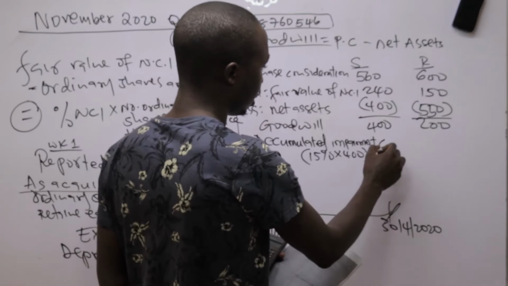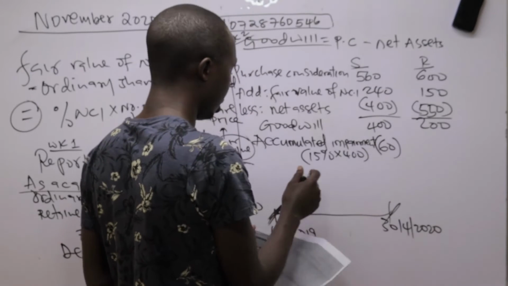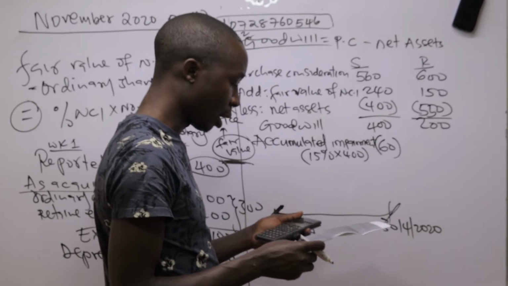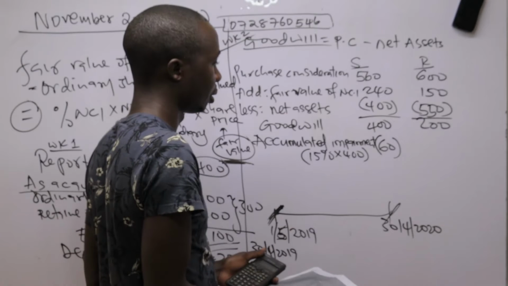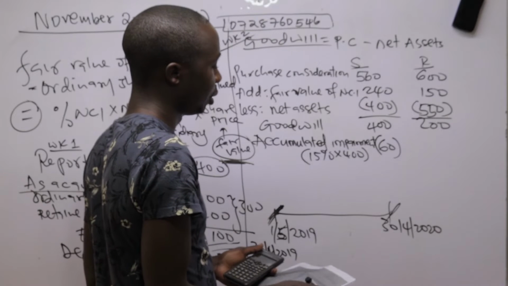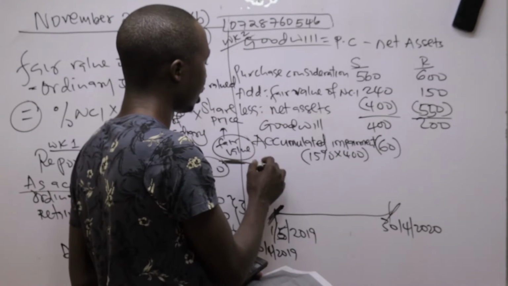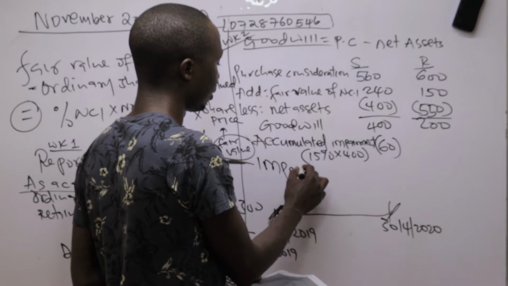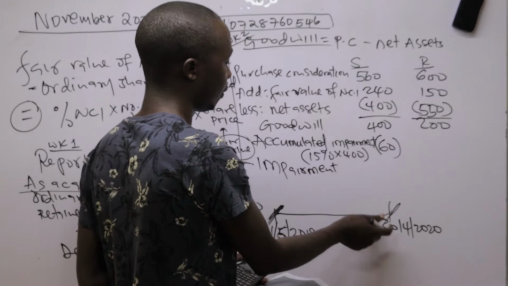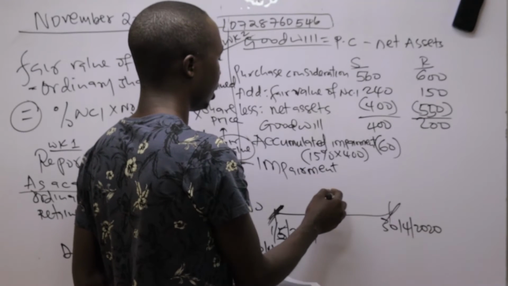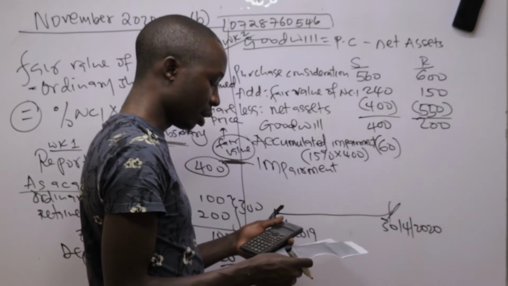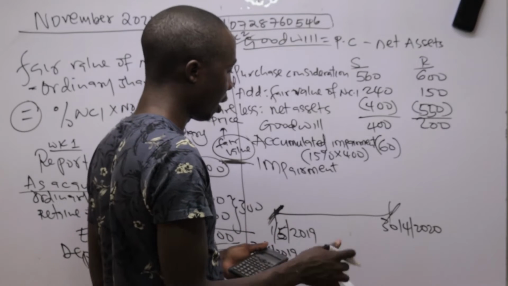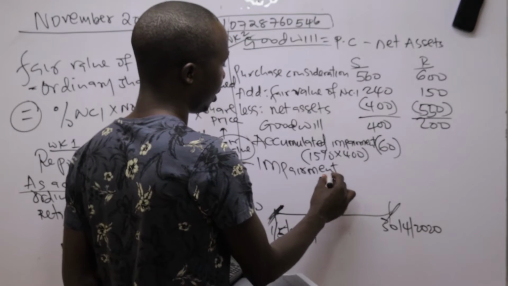So this is 60. Then now they said that by the end of the current year, it had been reduced. Now that is the impairment for the current year, because they said by the end of the current year, 30th April, the goodwill had been reduced by 5% based on the original value.